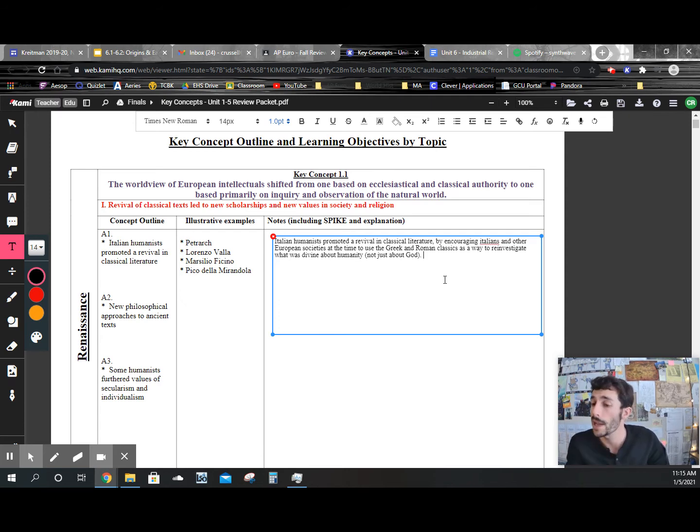And then as an illustrative example, what that means is I can take one of these options and write about the one that I know about. It doesn't mean you have to write about each one. Pick whichever one applies best to the topic that you're writing about and use that illustrative example as a way to write about it.